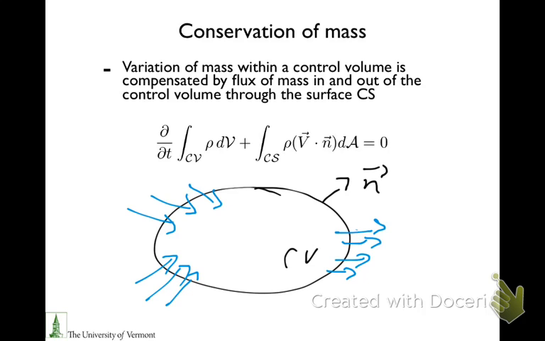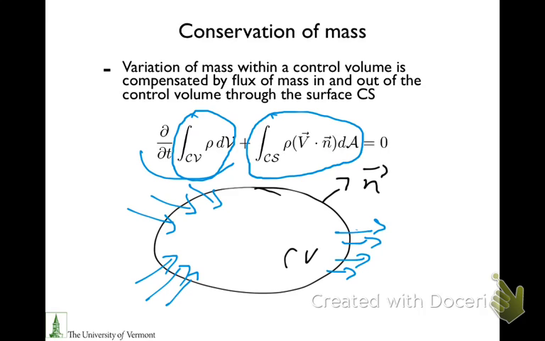And the conservation of mass states that the time variation of mass within the control volume, plus the transport of mass across the surface area of the control volume, has to be equal to 0. In most cases, the flow is steady, so that means that this first term disappears, and you are left with really just the flux term.